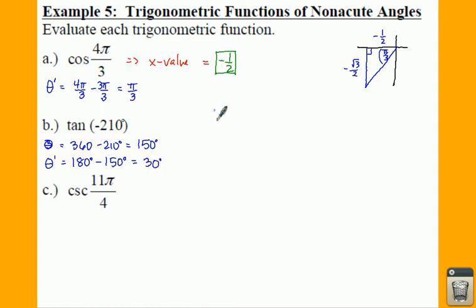So if you draw a triangle in your second quadrant, you draw your triangle here, this is 30 here, and across from your 30 is always a 1/2. That's got to be smaller than what's across from your 60, which is radical 3 over 2.